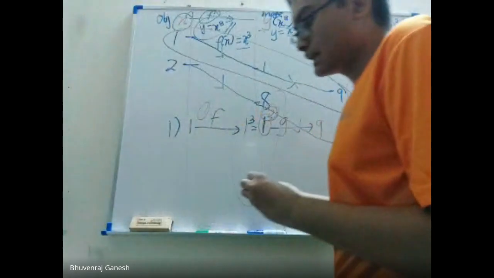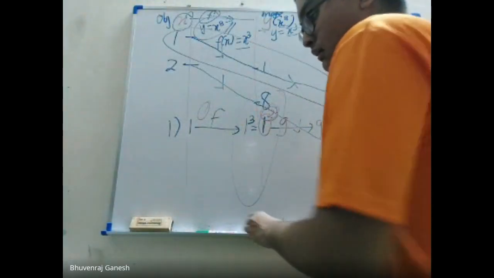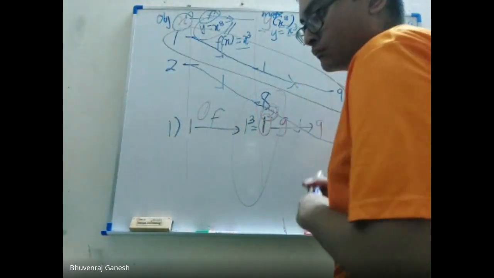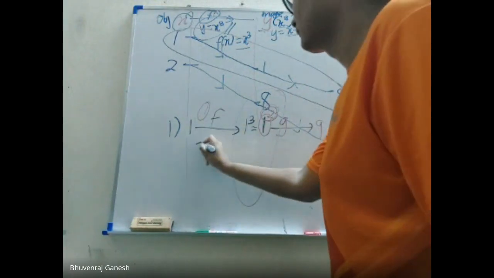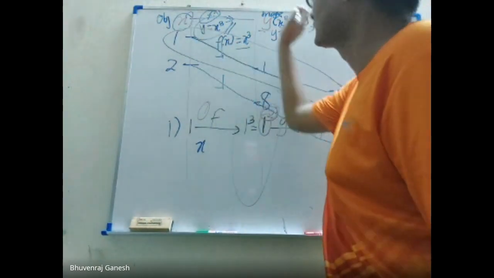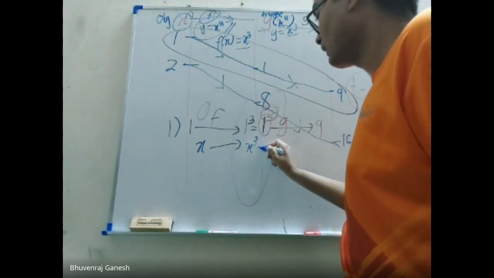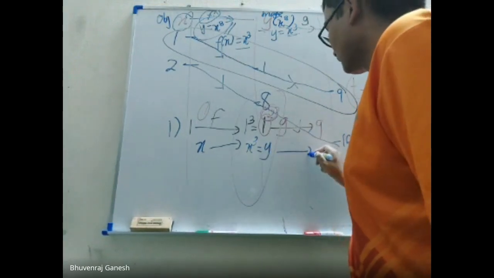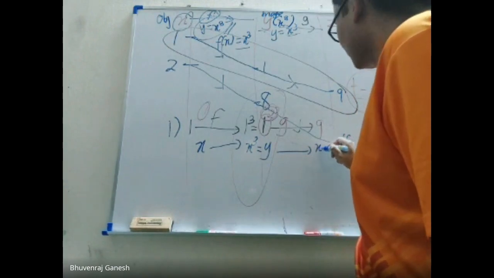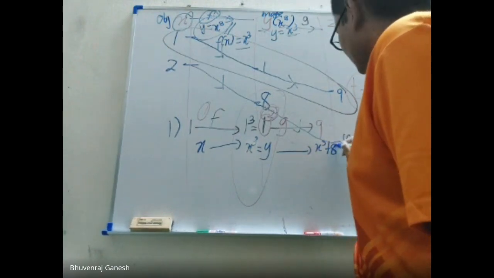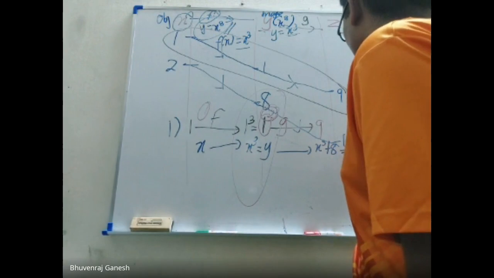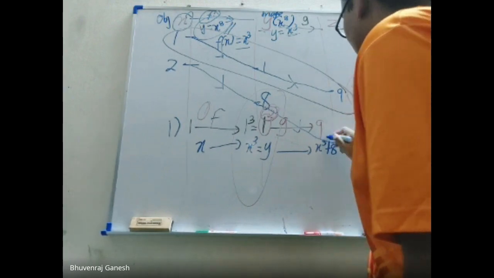So we can actually express it in a general way. Let's say I put here x. I'm using back the variables on top here. x cubed, which is your y, is going to x cubed plus 8, which is also y plus 8, because your x cubed is y.